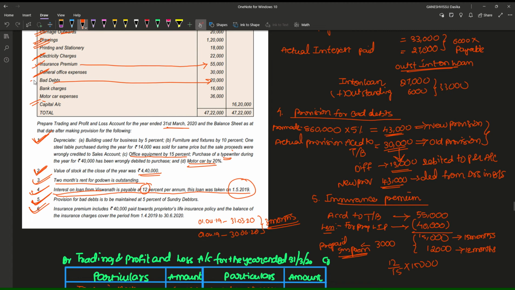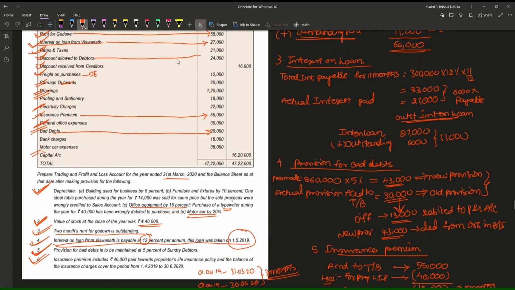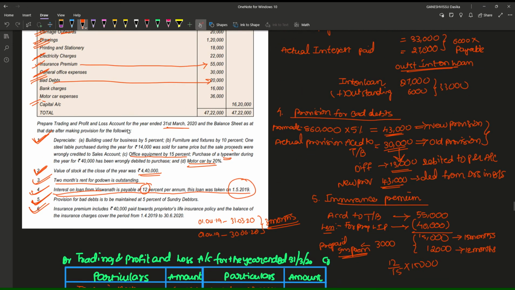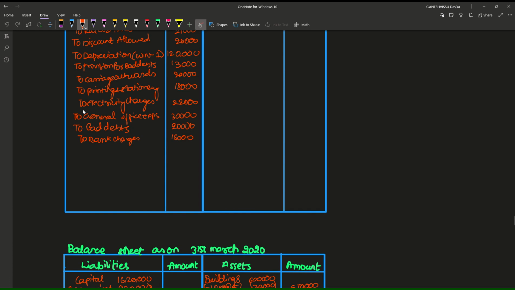Bad debts completed. Now comes the bank charges of 16,000 rupees. To bank charges 16,000 rupees. Motor car expenses 36,000. That does not belong to the motor car itself, but these are the expenses incurred for the motor car.